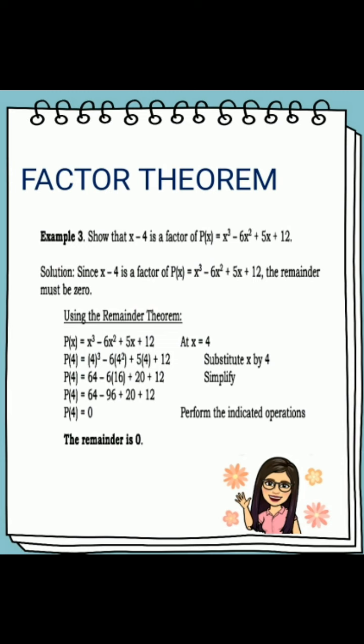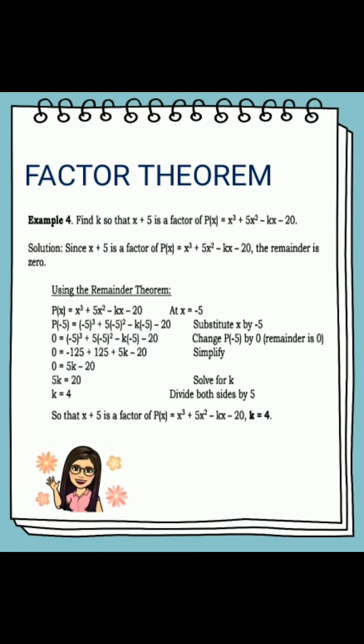Then, plus 12. So, we have p of 4 is equal to 64 minus 96 plus 20 plus 12, so p of 4 is equal to 0. Again, the remainder is 0, so we can say that the given binomial is a factor of the given polynomial. Okay, let's proceed to our last example.